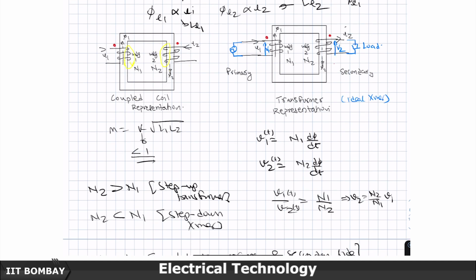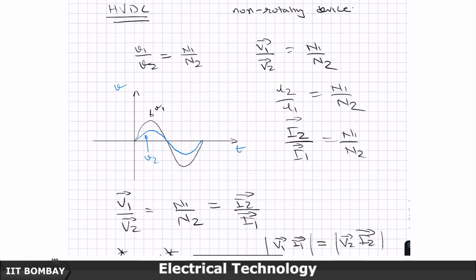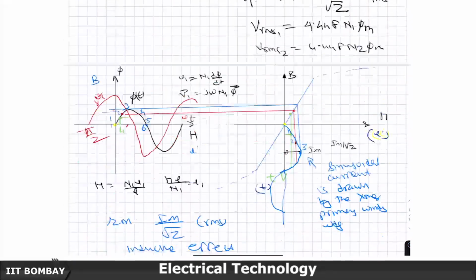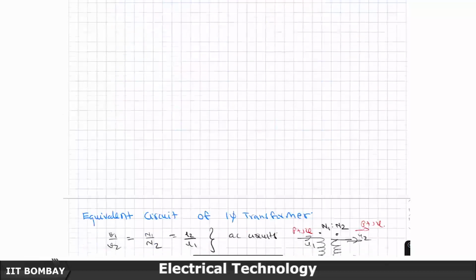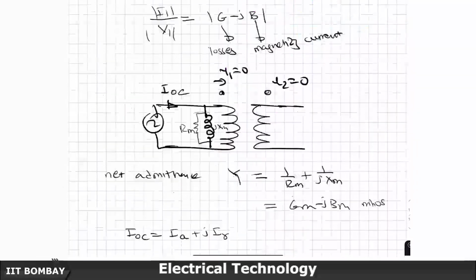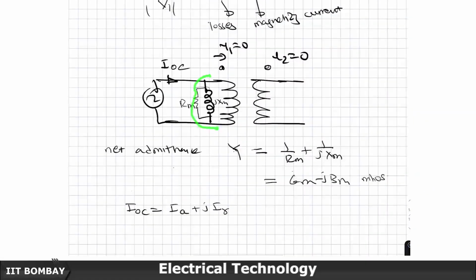On the other hand, when you connect something in parallel, like the way I have done here, what really is fixed across it is the voltage.